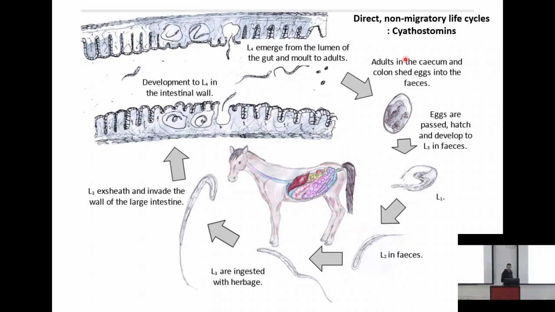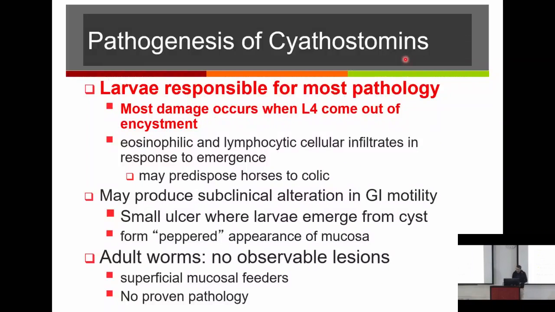Okay, so pathogenesis. Larvae are responsible for most of the pathology. In the case of Strongyles, yes, larvae L3 and L4 are highly pathogenic, but adults are also somehow pathogenic and cause ulcerative lesions. Here, larvae are highly pathogenic, and the L4 stage larvae make a cyst formation and cause intestinal damage.